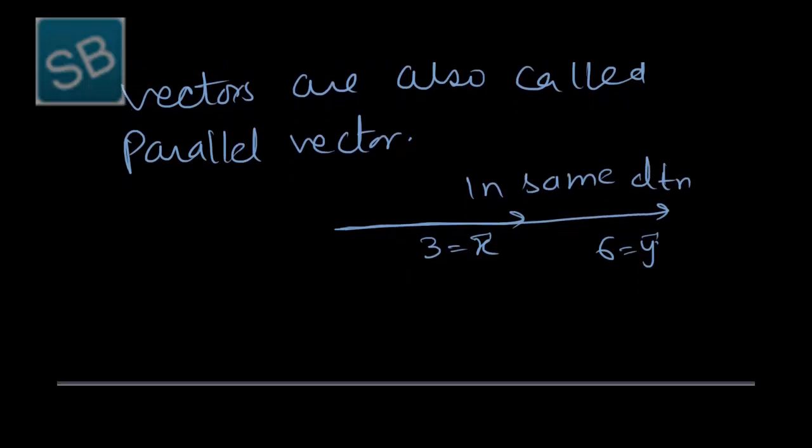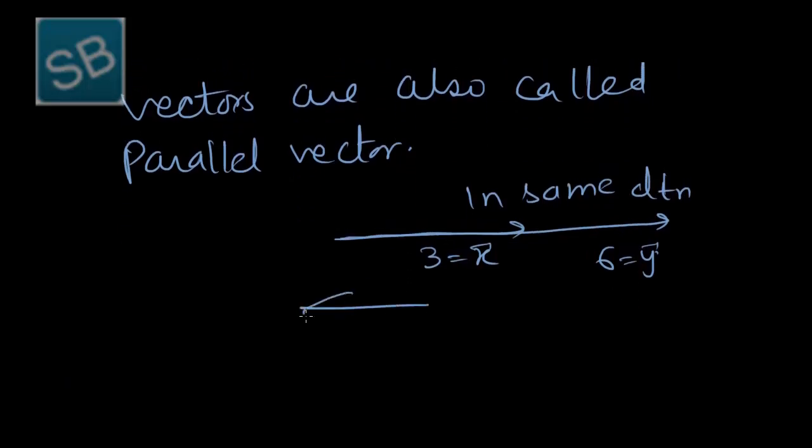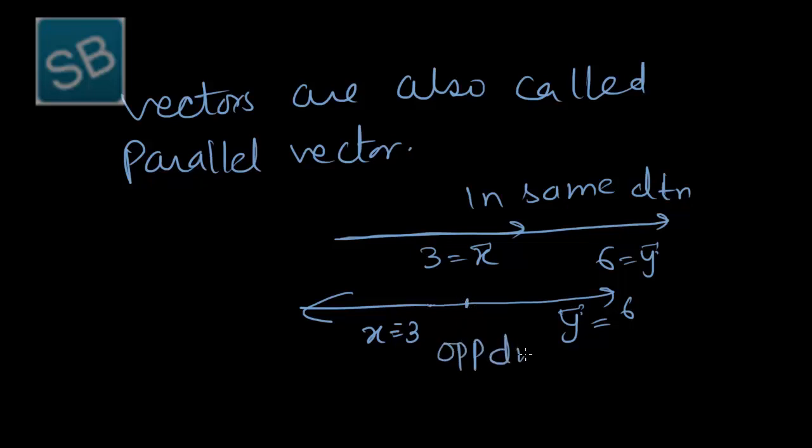And if we see vector x with direction negative 3 and vector y with positive 6 direction, then they are in opposite direction. So if a vector is a multiple of another vector, then they are said to be collinear vectors.